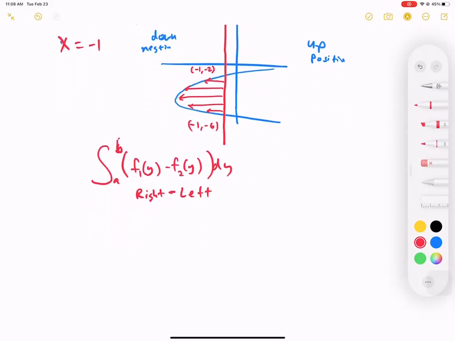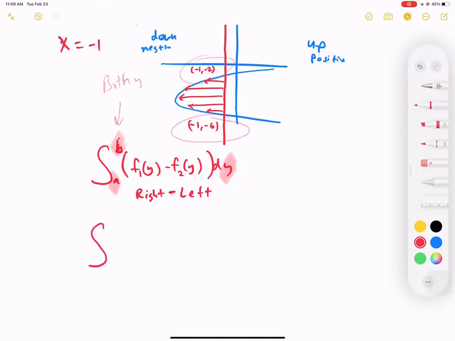Now, a couple things I want you guys to catch here. Since we use y, a and b are both y. So look at the y values. The y values are going to be -2 and -6, right? Which one is the smaller y value, the lesser y value? So that's how you're going to determine it.